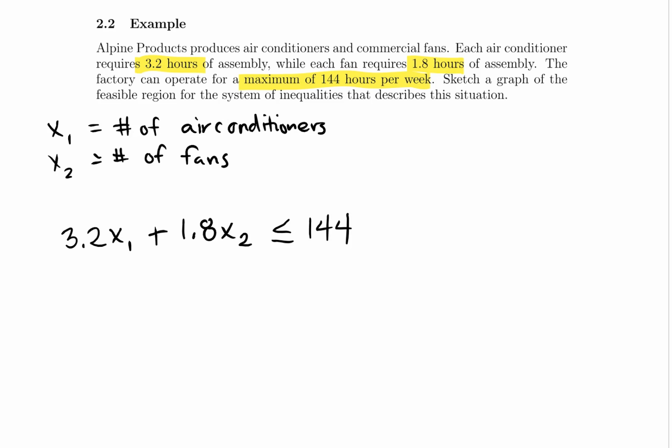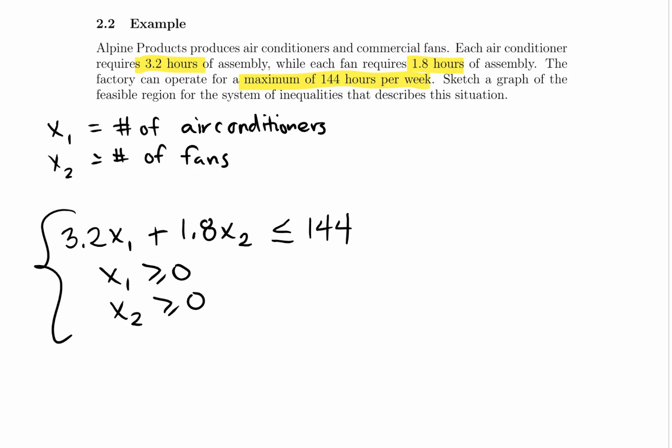So we have these added conditions that x1 must be greater than or equal to 0, and x2 must also be greater than or equal to 0. It is possible that we produce no fans and no air conditioners, but it would be impossible to produce negative fans or negative air conditioners. So this would be our system of inequalities.